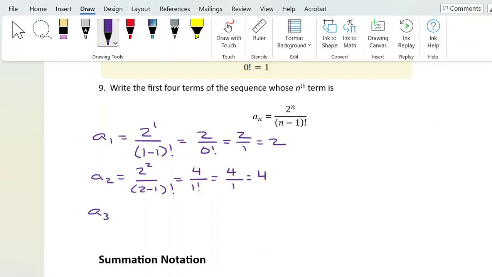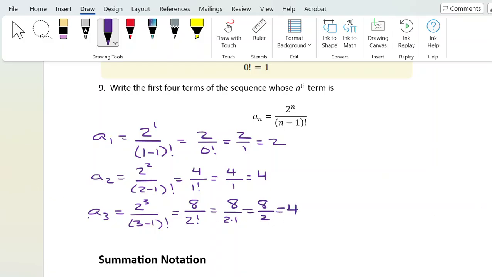A sub 3 is going to be 2 to the third over 3 minus 1 factorial. 2 to the third is 8. And this is 2 factorial, which is 2 times 1. 8 over 2 is also 4.